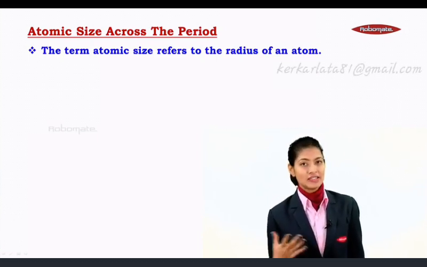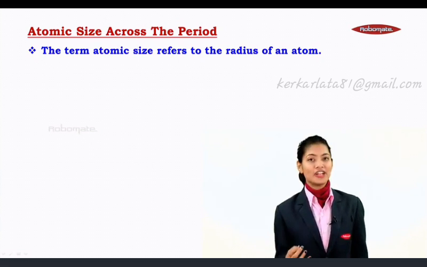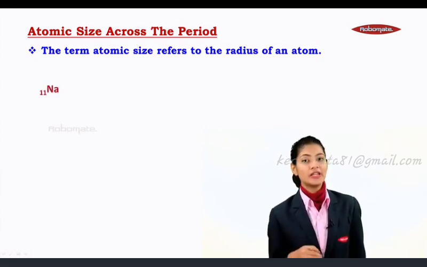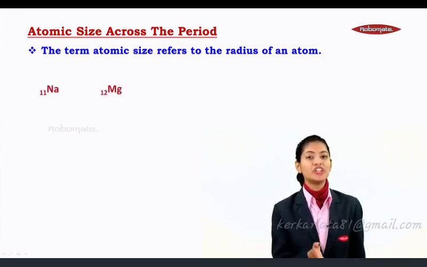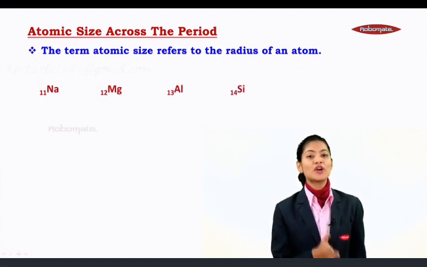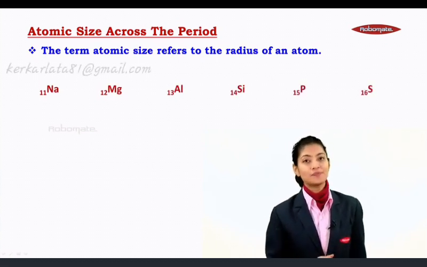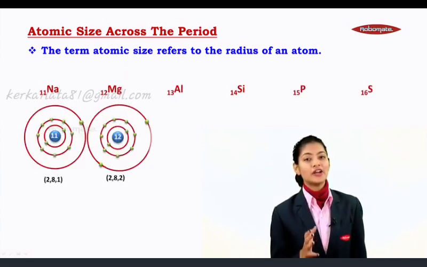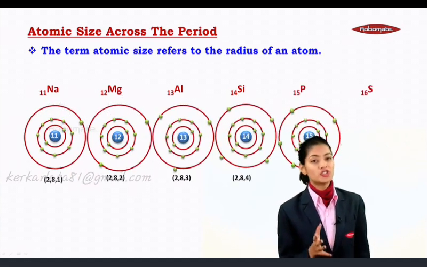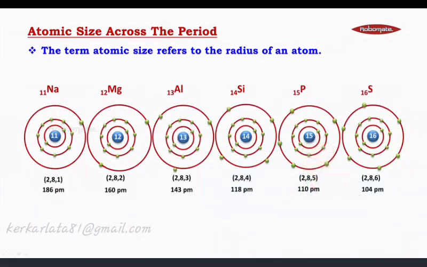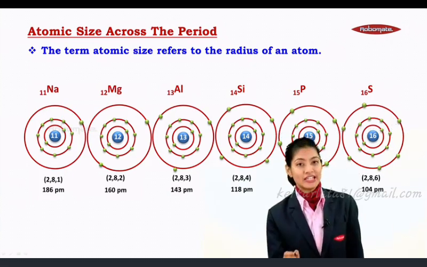Now, to understand this, let us consider, for example, the elements of the third period, which includes sodium, magnesium, aluminium, silicon, phosphorus and sulfur. And these are their respective atomic structures. Now, for these elements which belong to the third period, we are supposed to calculate the atomic size, which refers to the radius.